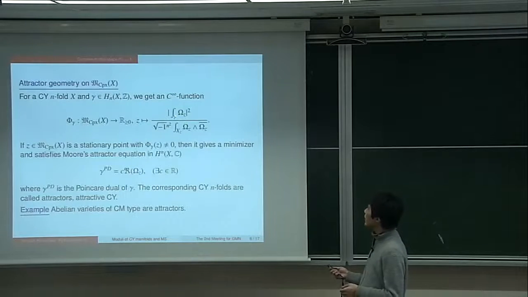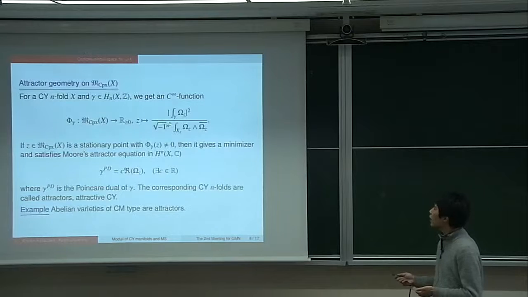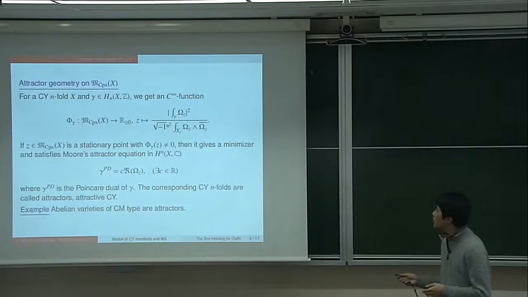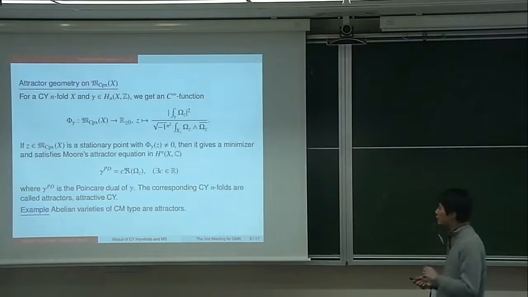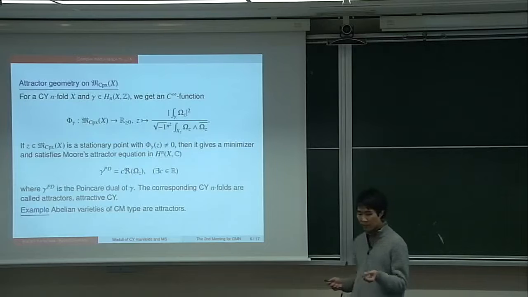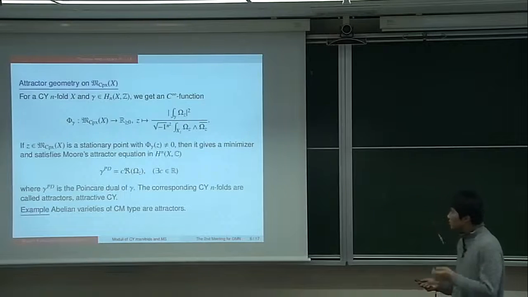Just integrate the holomorphic volume form, which is unique up to multiplication by a constant, over the fixed cycle. The denominator is just a normalization, because the holomorphic volume form is unique only up to multiplication by a constant.